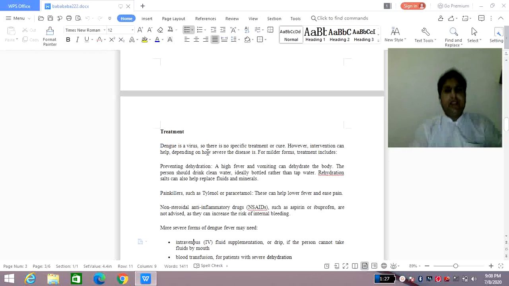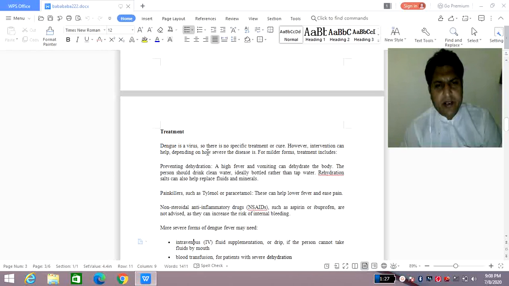As for the treatment, at present there is no dengue vaccine, so supportive therapy is very important, depending upon the condition and the severity. Symptomatic treatment should be given. Most commonly we recommend intravenous fluid supplementation or a drip-like infusion.